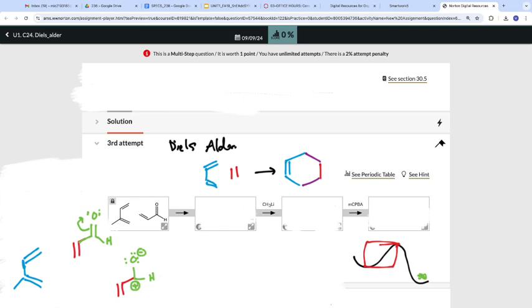Could I continue to do more resonance? I have another pi bond. What if that pi bond moved? Okay. Then that hanger-on that we had loses that positive charge. You're absolutely correct.